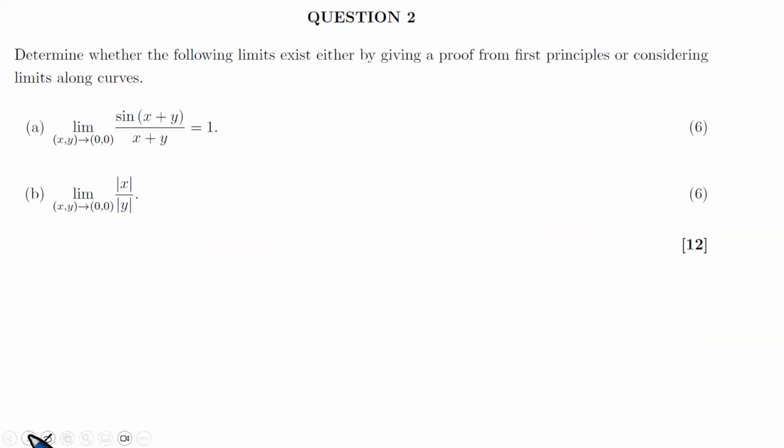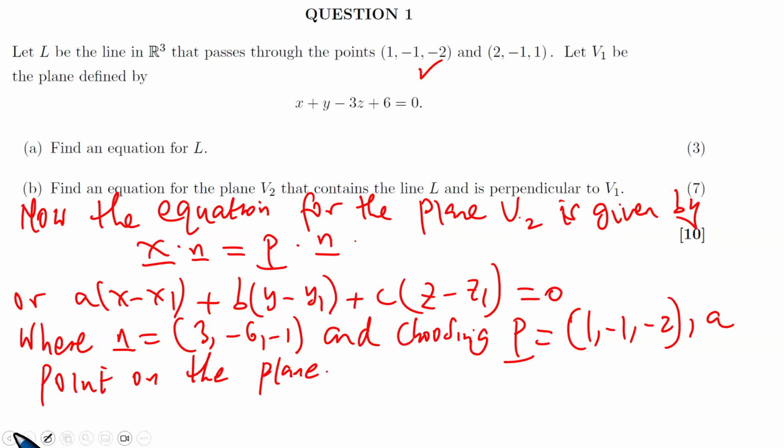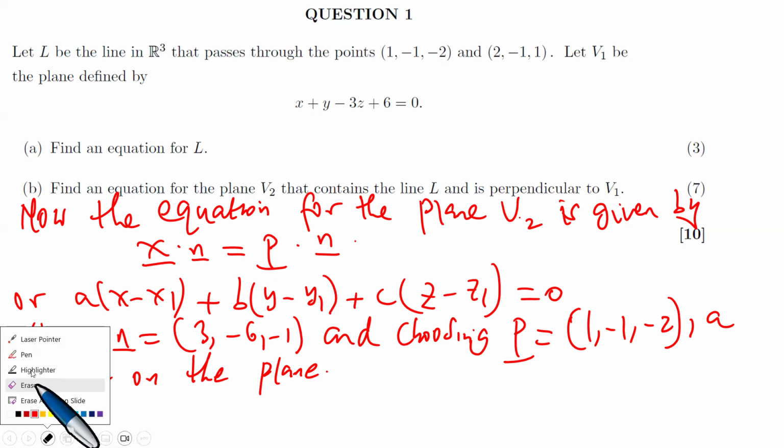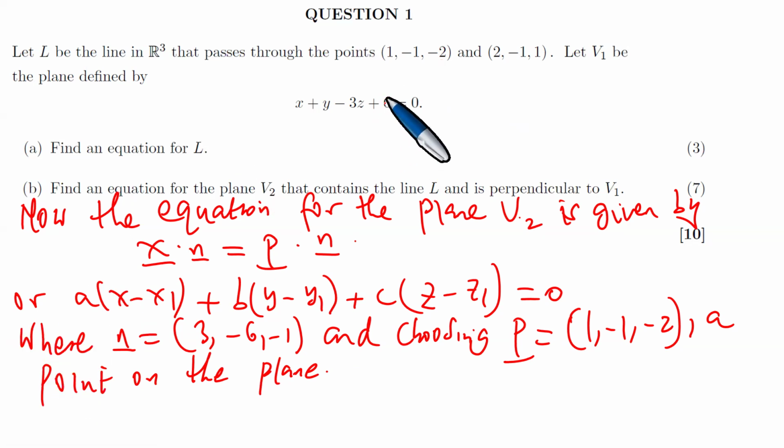At this point, this means that we have the following here. If we use the formula, vector x minus the point, dotted with the normal, we have x.